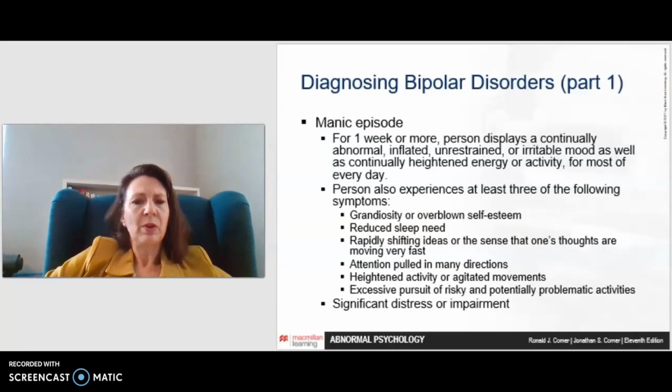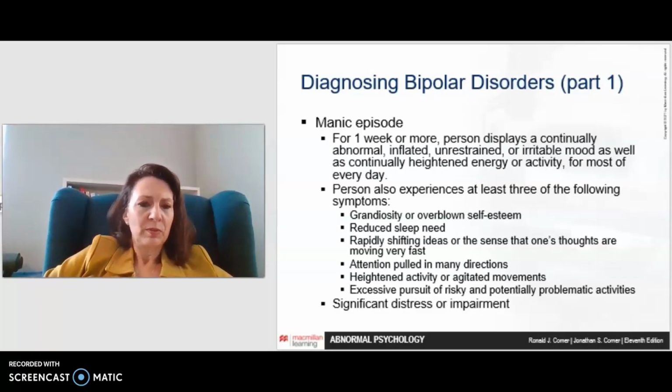Bipolar disorders involve a manic episode that is for at least 1 week where a person displays a continually abnormal, inflated, and unrestrained or irritable mood, as well as heightened energy or activity for most of every day. They also experience at least 3 of the symptoms that you see in the middle of the slide. And there is clinically significant distress or impairment.